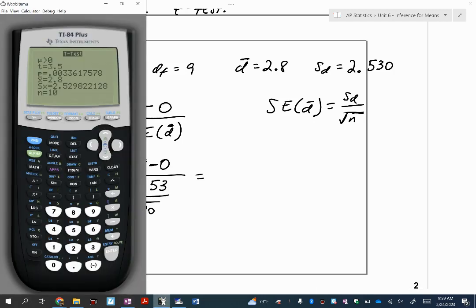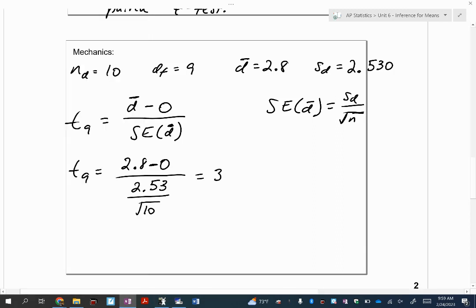What is that value? That's my test statistic. What do you notice about our t value? It is 3.5. I know this isn't a normal model, but 3.5 seems pretty far to the right, even for a t model.